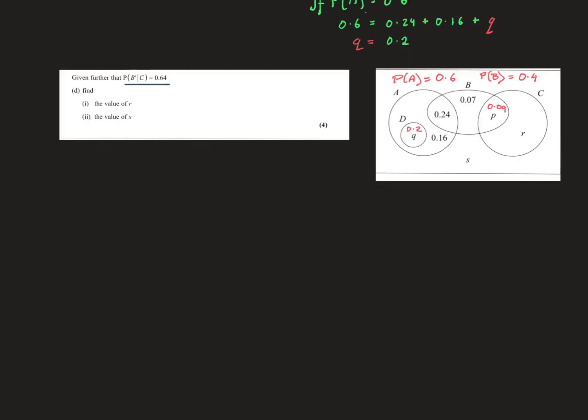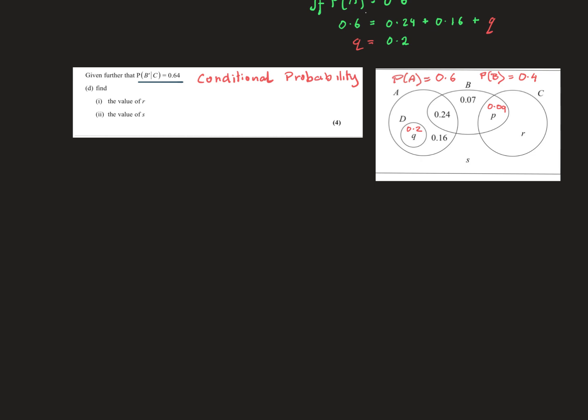Now, the last question is one of conditional probability. I've just put down here all of the results we got: the probability of A, the probability of B, we know what Q is, and we know what P is. We've got to find S and R. And again, you've got a really hefty mark here of 4. You need to start by addressing this conditional probability.